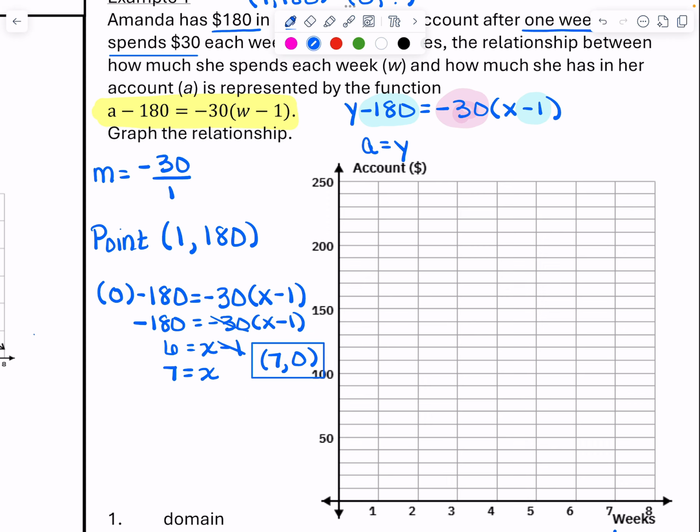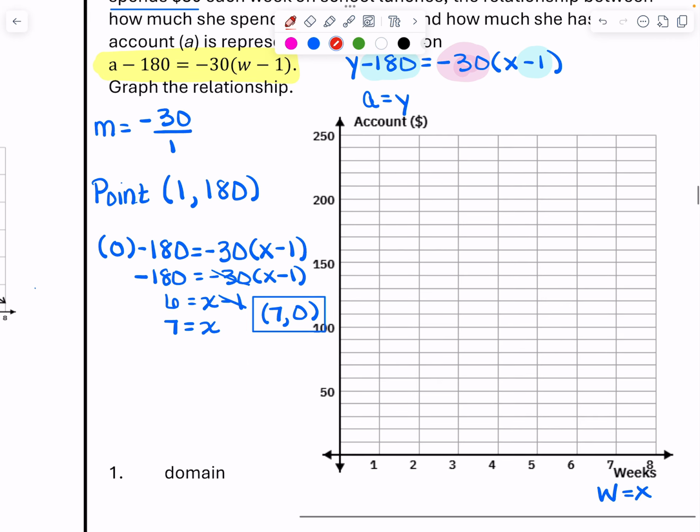Okay. All right, so now let's go ahead and find the y-intercept. Doing the same thing, but this time not replacing the y with 0. Instead, we're going to replace x with 0. So I will have y minus 180 is equal to negative 30 times the value of 0 minus 1.